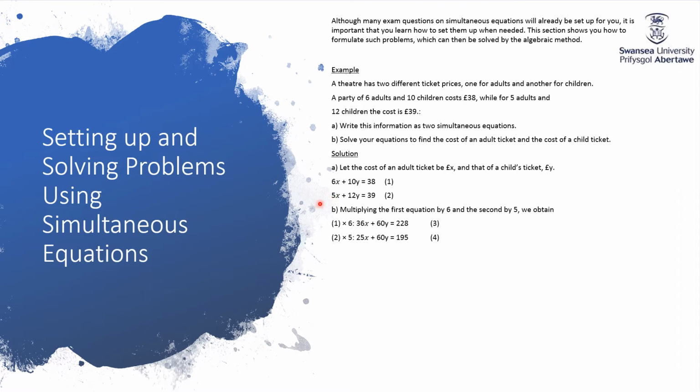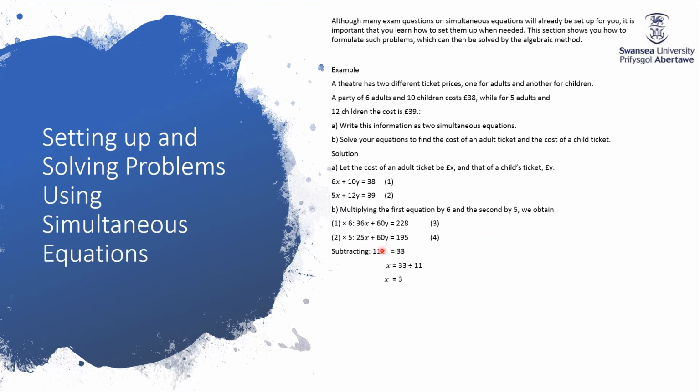By getting a similar number of y's, because I times equation 1 by 6, 6 lots of 6x is 36x, 6 lots of 10y is 60y, and 6 lots of 38 is 228. I've done similar for the second equation, but times by 5. So 5 lots of 5x is 25x, 5 lots of 12y is 60y, and 5 lots of 39 is 195. I've labelled these equations 3 and 4.